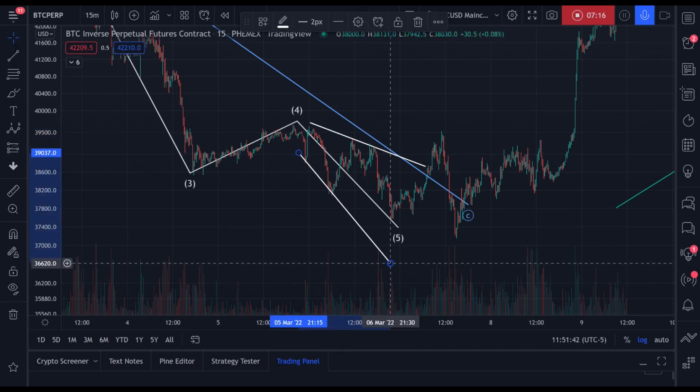So what did I do? I've known about this ending diagonal for quite some time, but I've made an upgrade. I am extremely cautious in going to any wave 5. If I see a wave 5, I'm going to be very careful about shorting it, about longing it, about doing anything with it, because the ending diagonal exists.